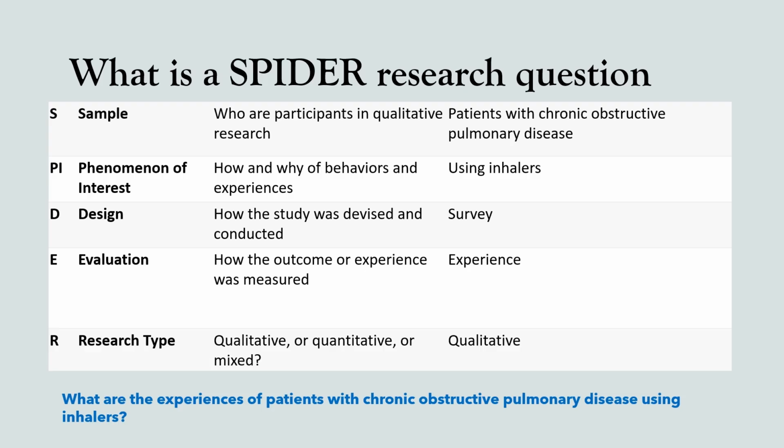So we need to specify, is it qualitative, quantitative, or mixed? In our case, this is qualitative. So the SPIDER format provides a structured framework for formulating qualitative research questions. And when we cannot use PICO to format a research question in a quantitative manner, then the SPIDER format could be very helpful.